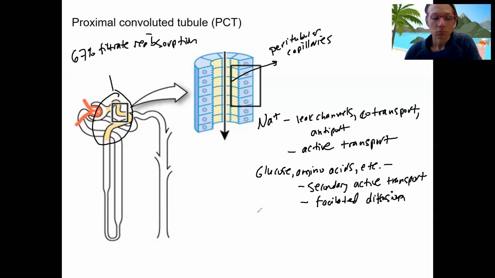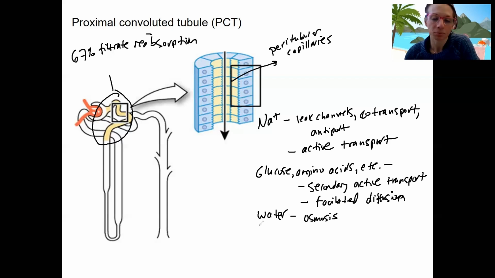All right. We have water we want to reabsorb. It's going to follow the solutes. This is osmosis. So it's going to move through the plasma membrane, through the phospholipid bilayer itself, as well as aquaporins, the water channels that facilitate water movement, and it's going to follow the way the solutes are moving.